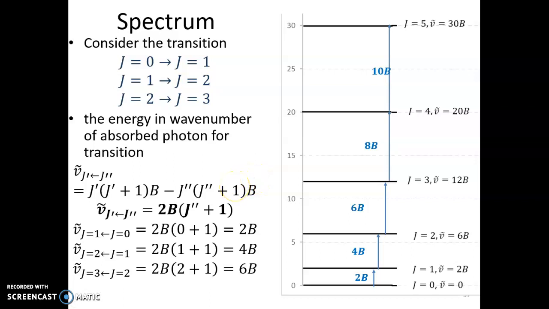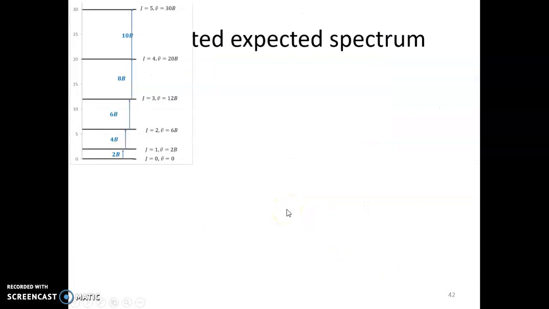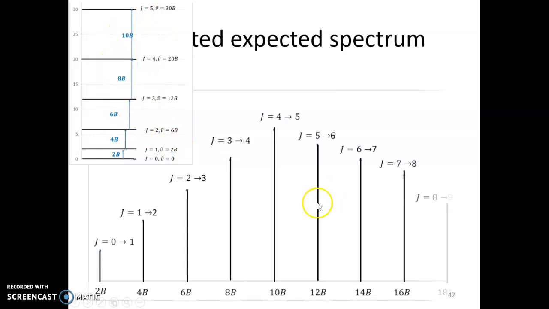Okay, so back to our spectrum. A quick recap: 0 to 1, we have absorption of 2B, then 4B. If we put this on the simulated spectrum that we expect, this is our energy, bringing back this slide.